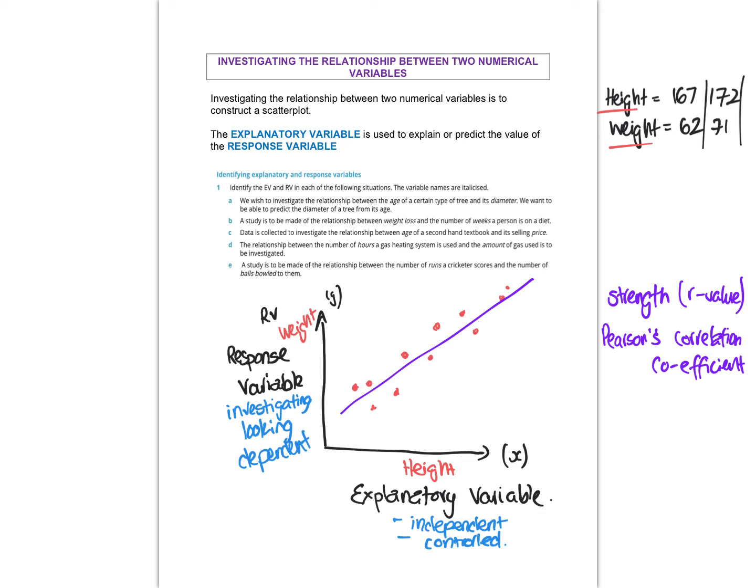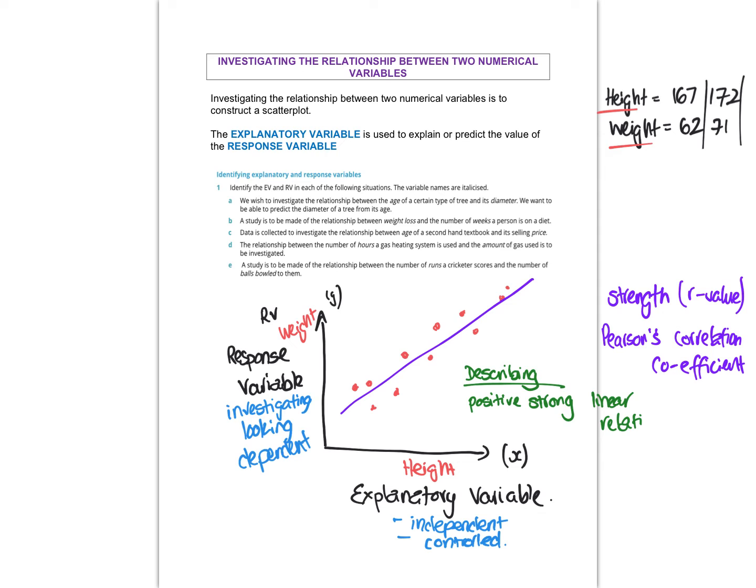If I was describing this scatter plot that I've just drawn up here, I would say that this is positive, and it looks pretty strong, and because the dots are following a rough straight line, we say linear relationship.